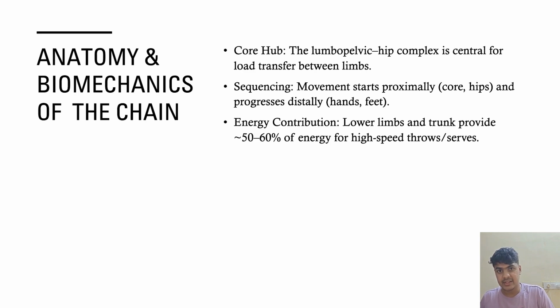Because of the legs, the energy is created with the muscles and fascia tensing up in the limbs and the core, which helps produce the action in the upper body, and that is 50 to 60%, more than half the energy produced there. Then it is transmitted to the limb to produce a serve or a throw or anything in such cases.